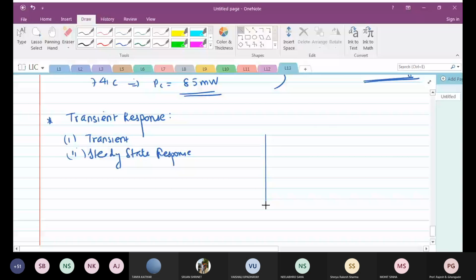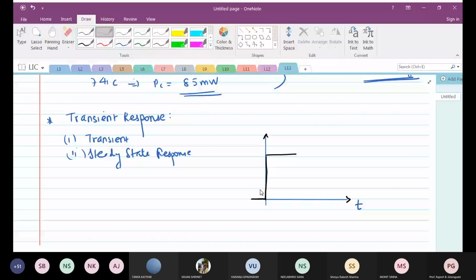Whenever I apply an input stimulus, for example, I'm applying a step input here to a circuit. I hope all of you know what a step input is. This is time. If I apply a step input to a system, normally the system has a response like this.